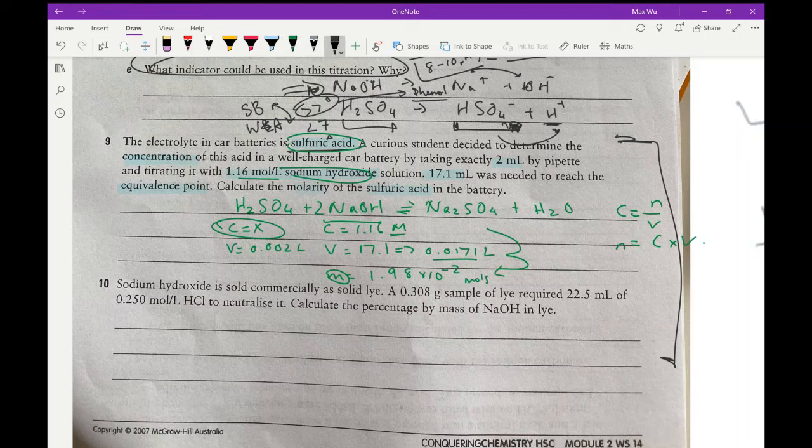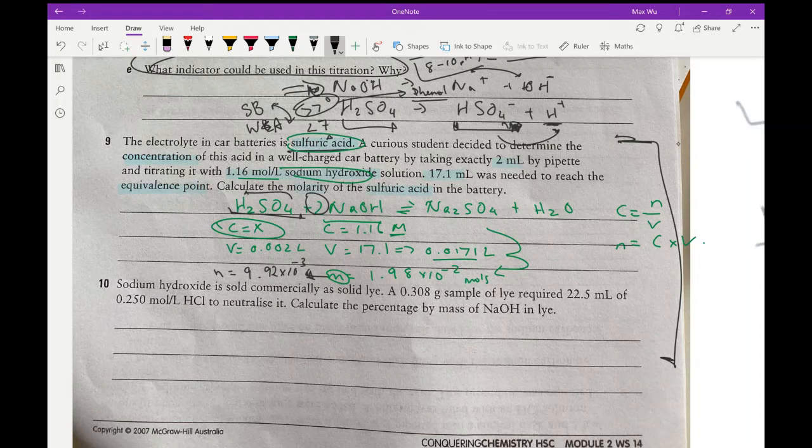So I'm going to change color quickly. What we can do is quickly find the moles of H2SO4, and now I'm going to give you 10 seconds to think how you do that. 10 seconds, but you need to pause the video because I'm going to continue. Okay? Simply using the molar ratios, if there's 2 of these required to make 1 of these, we divide it by 2, similar to before, and that would make 9.92 times 10 to the negative 3.